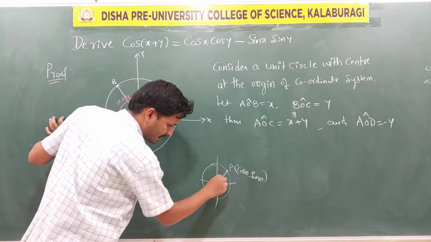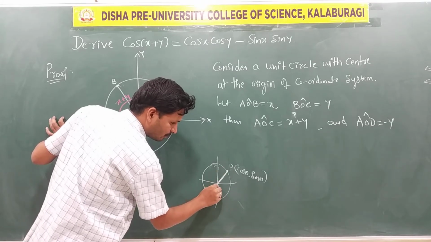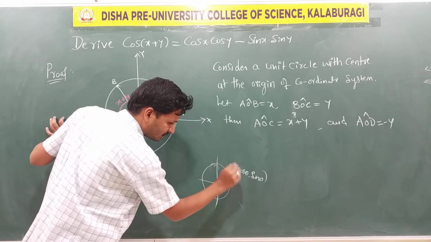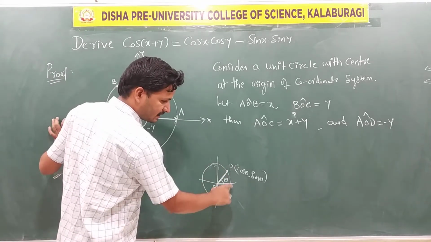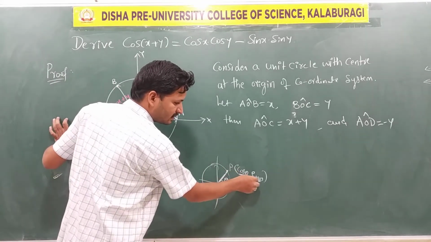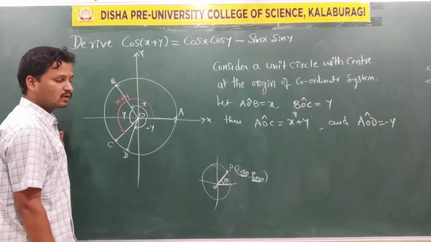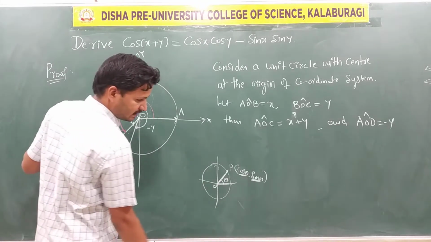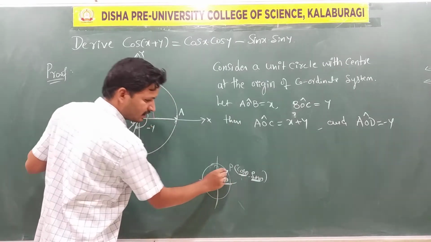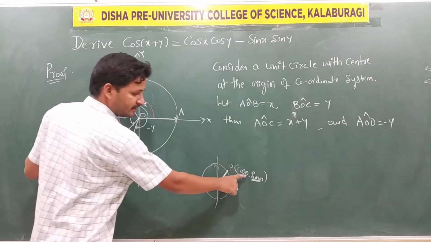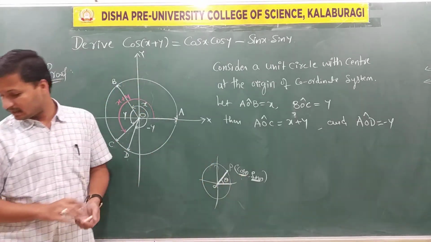Here theta is the angle made by the line OP with the initial line. Coordinates are cos theta comma sin theta. Just remember, theta is the angle between the initial line and the terminal line.